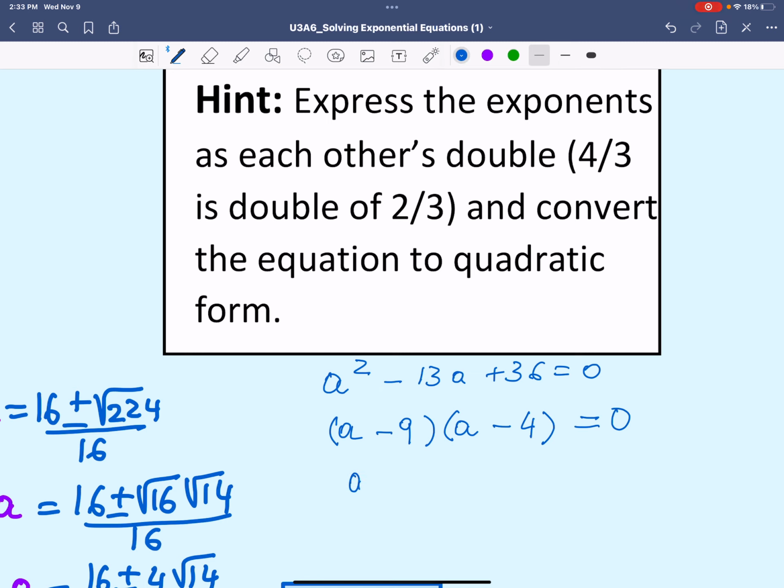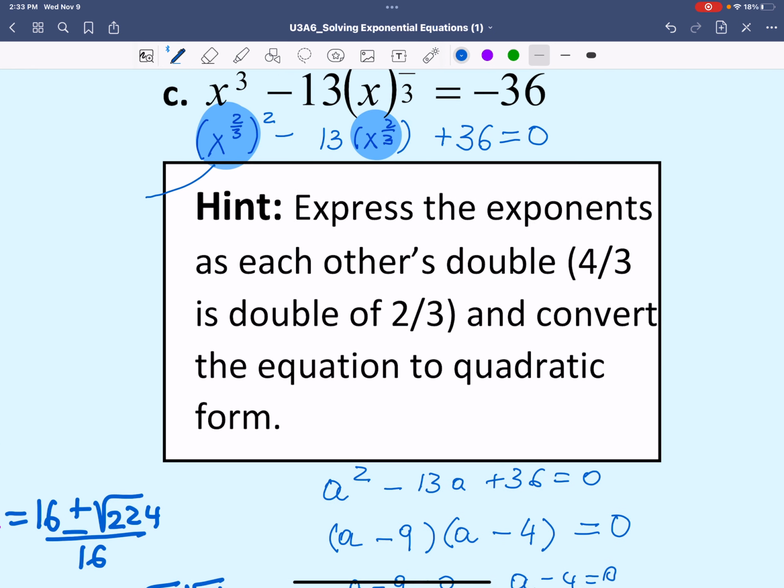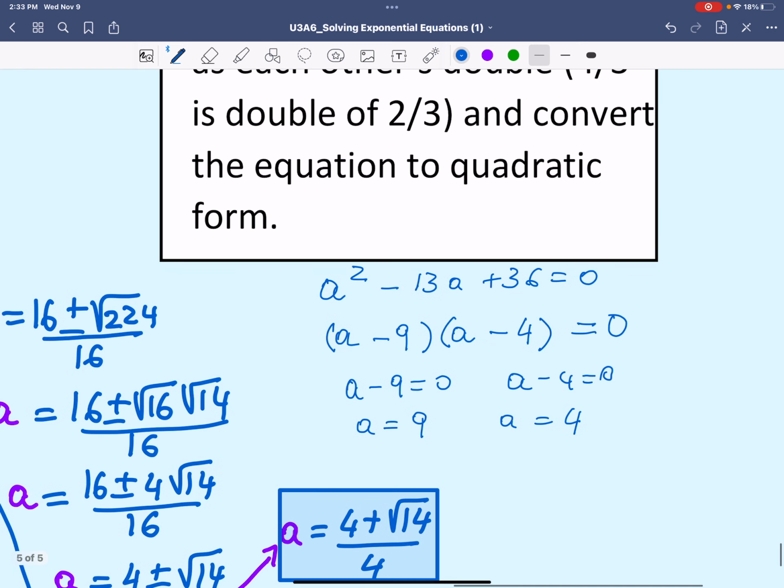That means a minus 9 equals 0, or a equals 9, or a minus 4 equals 0, which means a equals 4. Remember that a represents x to the power of 2 over 3. Therefore, x to the power of 2 over 3 can be 9, or x to the power of 2 over 3 can be 4.